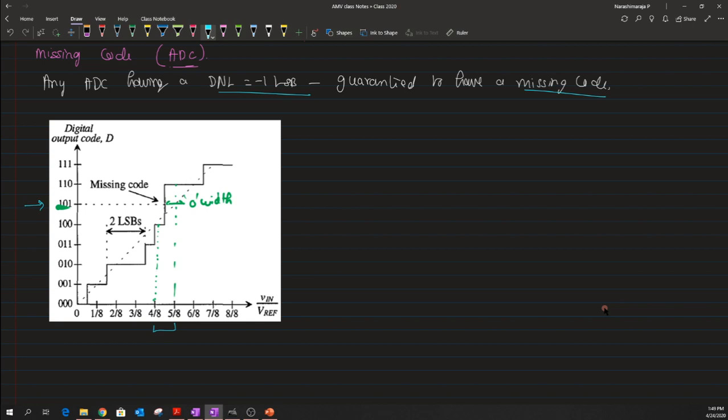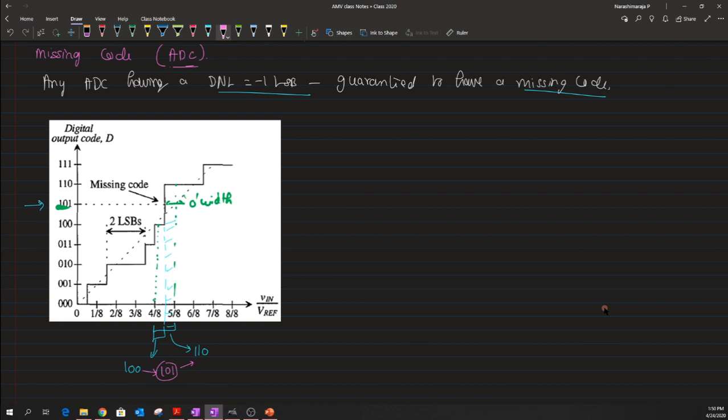There is a specific range of input that maps to a value of 100, whereas the other segment is remapped to a different data, which is 110. So clearly there is a missing code between them. After 101, we are supposed to have 101 and then move on to 110. None of these input values are being mapped onto this particular code, and that is what we term a missing code. This could be identified by just looking at the DNL value here.